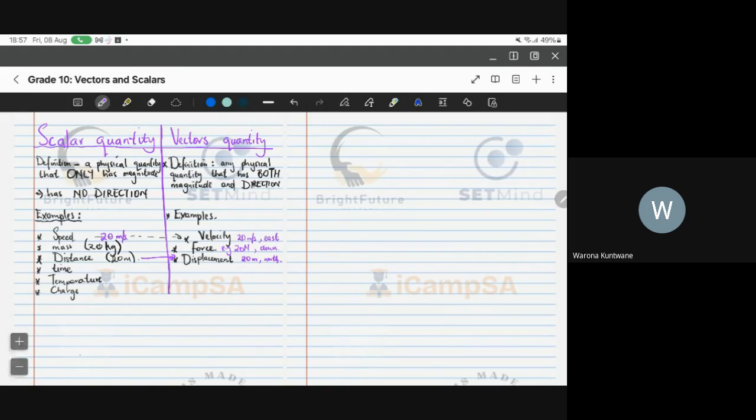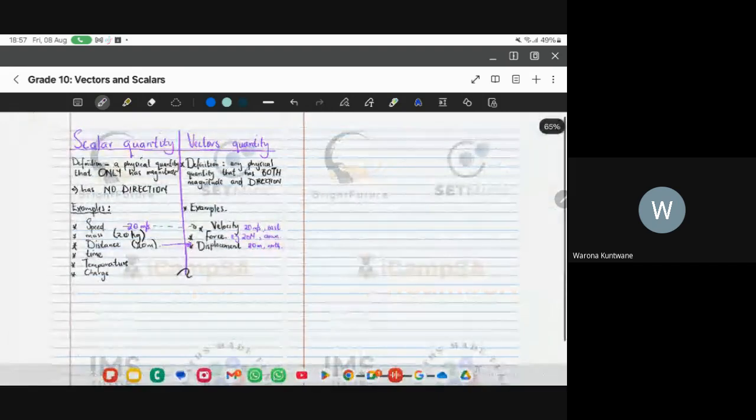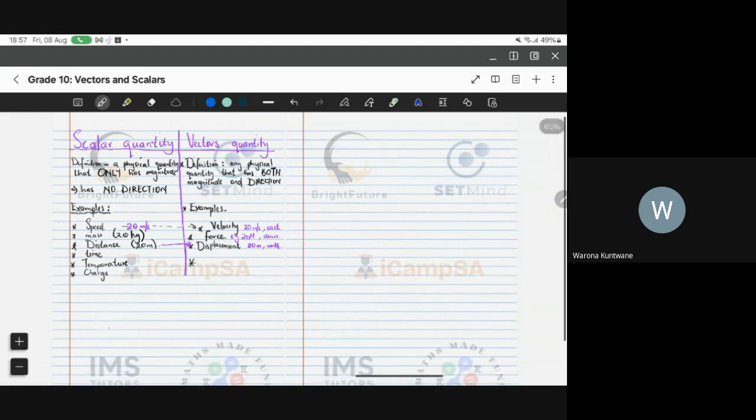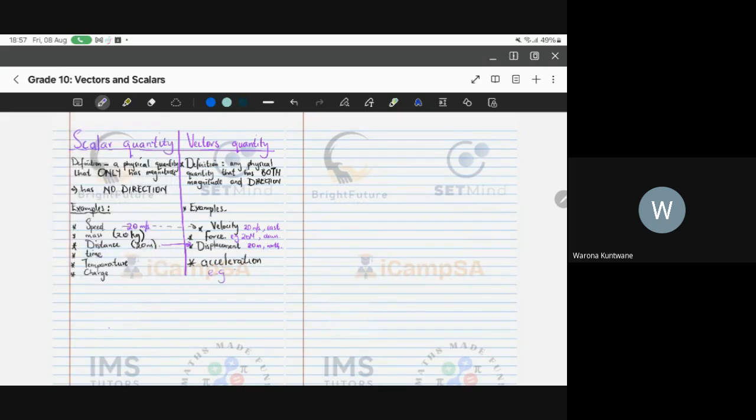Okay, let me see. Another example of a vector, lastly, I think this is the last one, is acceleration. An acceleration example would be, e.g., 20 meters per second squared to the west. That's acceleration.